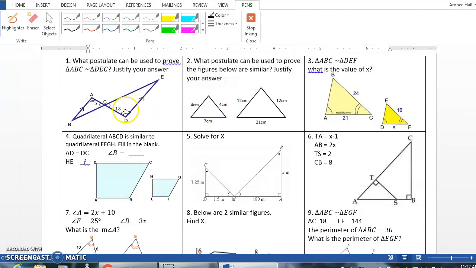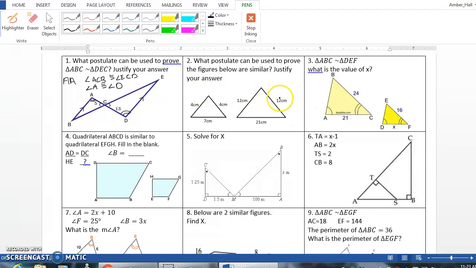Now, as you see, angle ACB and angle ECD are congruent, and angle A is congruent to angle D. Therefore, these are similar by the AA postulate, or angle-angle postulate, because angle ACB is congruent to angle ECD, and angle A is congruent to angle D.